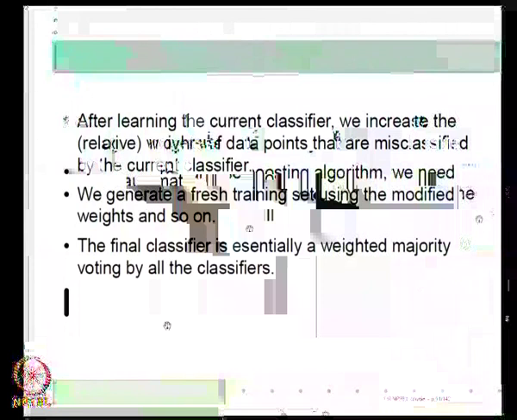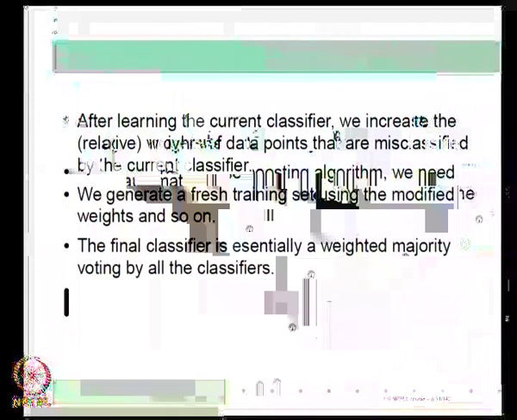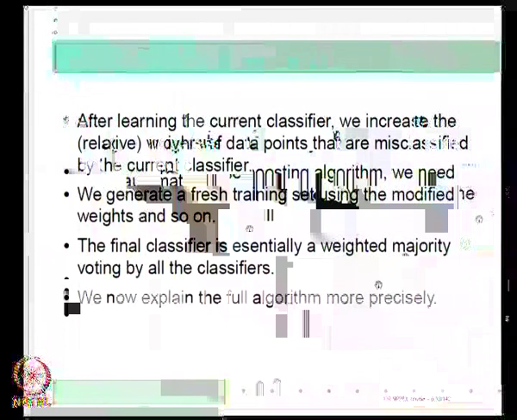For the final classifier, we essentially use a weighted majority voting, where the weights are in some sense proportional to the accuracy achieved by each classifier. So, a classifier with higher accuracy would get higher weightage, but of course, it is not directly accuracy. We have to use the right scale to give the weights. But anyway, AdaBoost uses some such thing. So, it uses a weighted majority over all the classifiers. Okay. So, this is the overall intuitive idea.